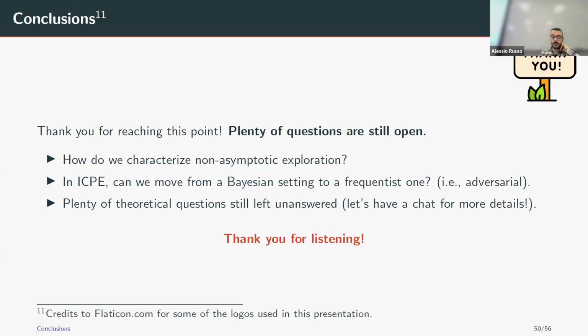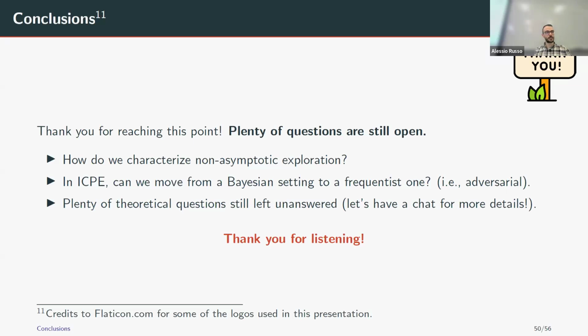Another open question is, can we design ICP for a frequentist case and not for the Bayesian case? Honestly, I don't even think it's probably a good question, but it's an interesting question, but it's probably not super useful. And the reason why it's not useful is because I came across a theorem that is called the complete class theorem.